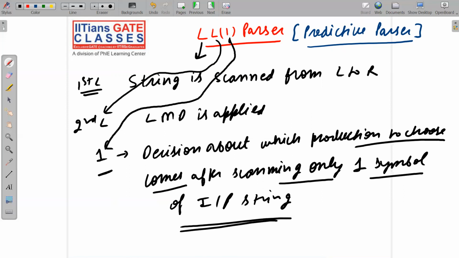That is the basic meaning of one here. So you just scan one symbol of the input string and you are able to decide which production to choose. That means you are able to predict very well which production to choose. Hence, it is known as predictive parser.